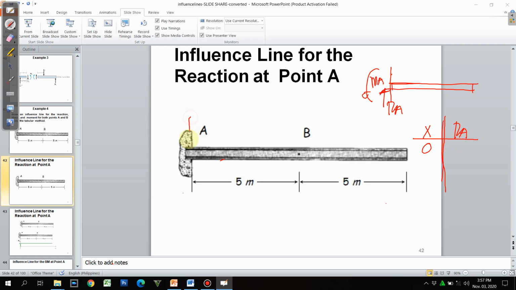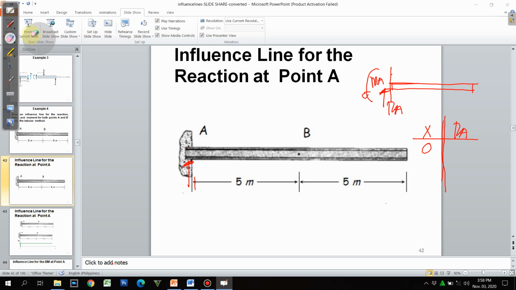We're going to place here 1 at X equals 0. Therefore, your reaction at A will be equal to 1. So if we transfer it here, still your RA will be equal to 1.